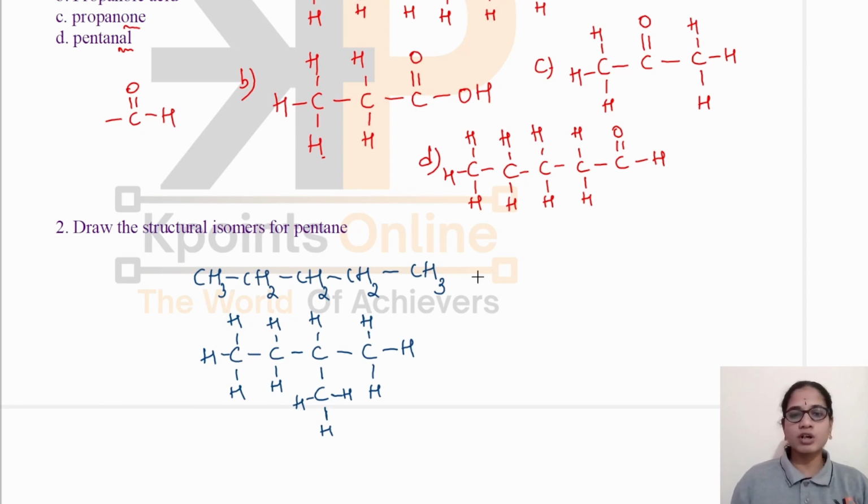This is an isomer of pentane. This is one structure possible. This is another structure. You can also write it in the condensed form like CH3, CH2, CH, where this group can be written as CH3, CH3. This is one isomer possible.